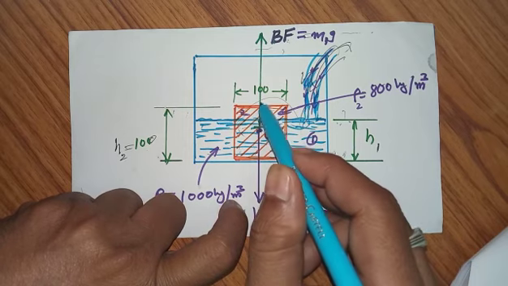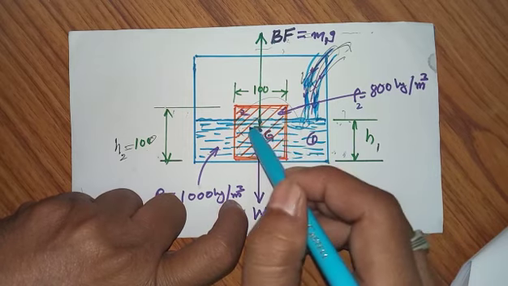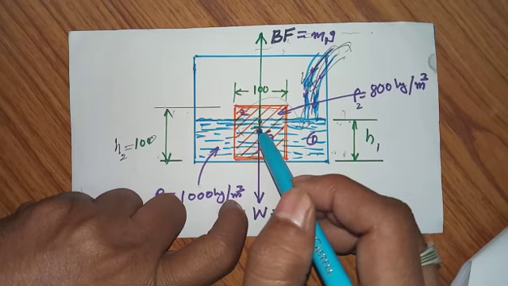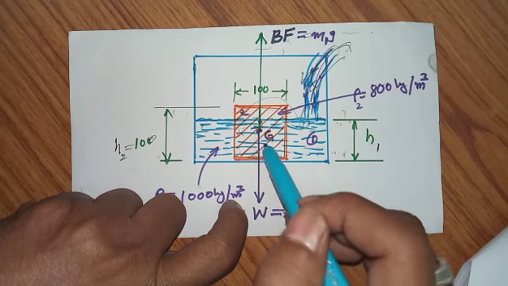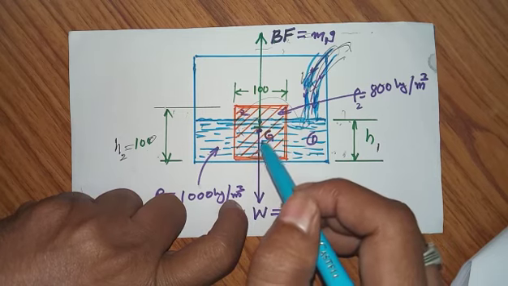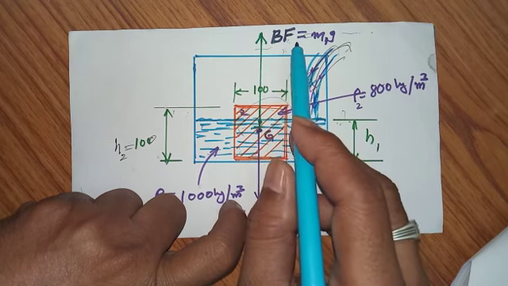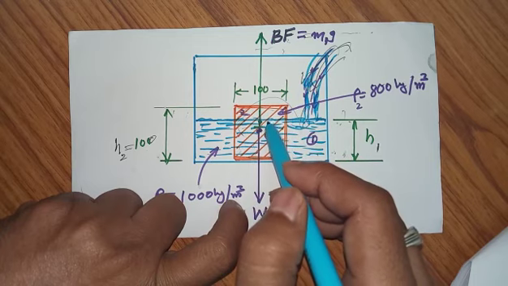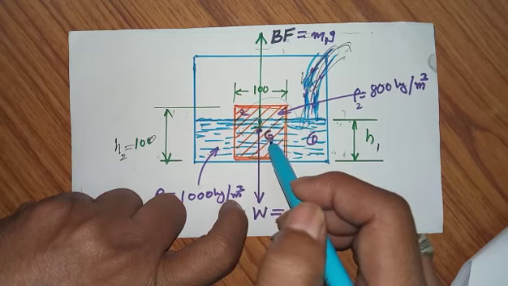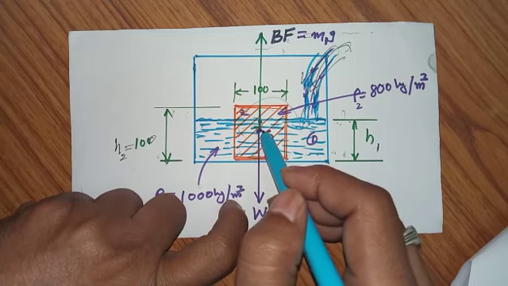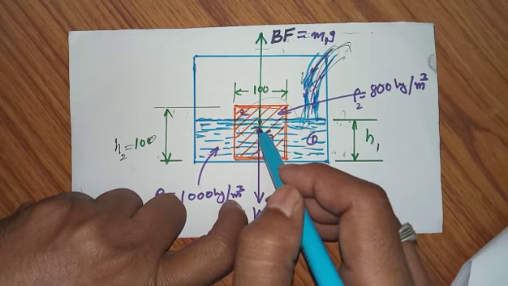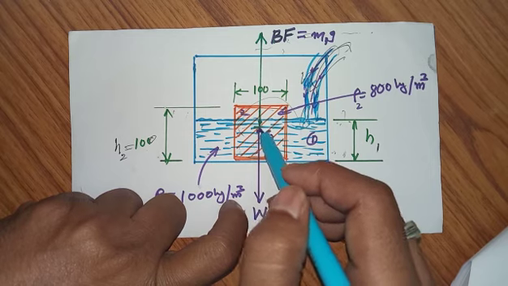That upward force, generated due to the replacement of the liquid, is known as buoyancy force. The center of buoyancy cannot coincide with the gravitational center, that is G.